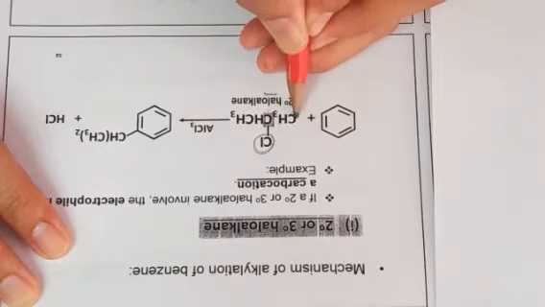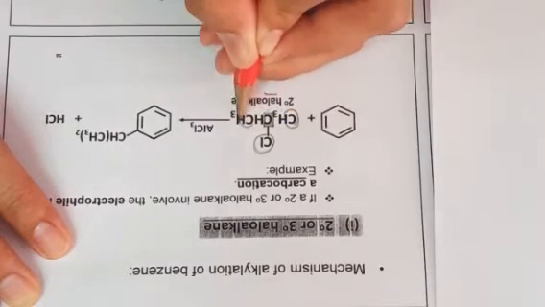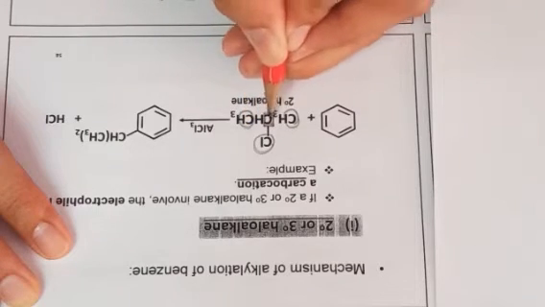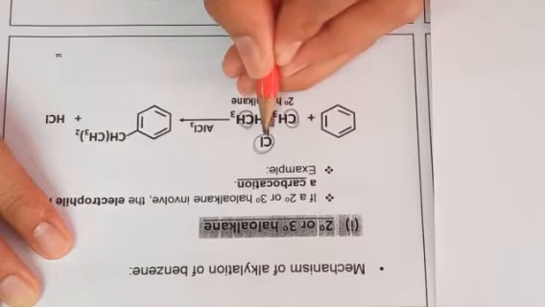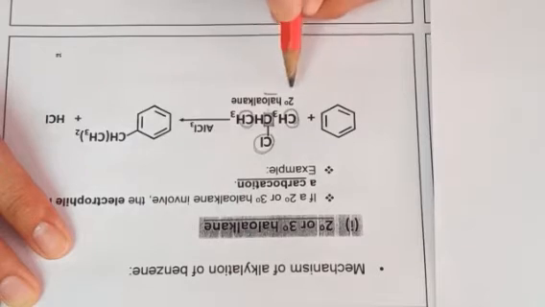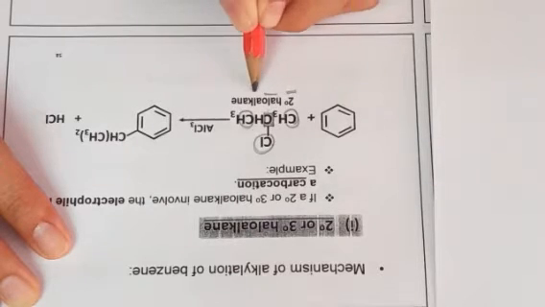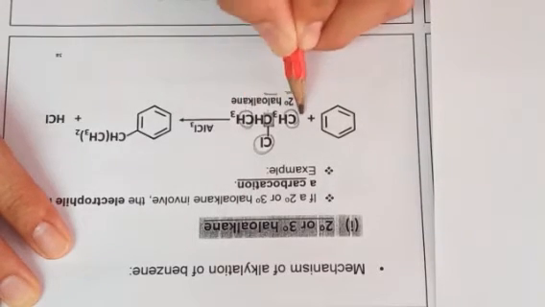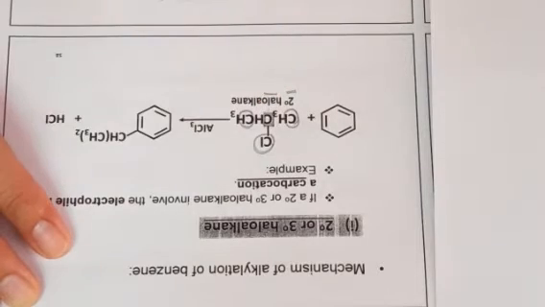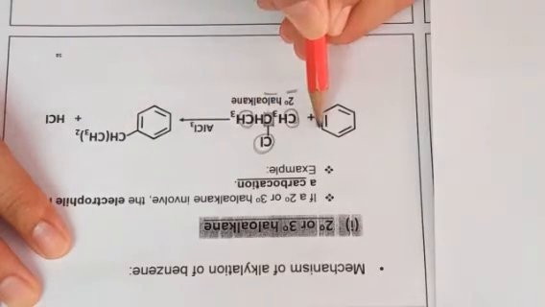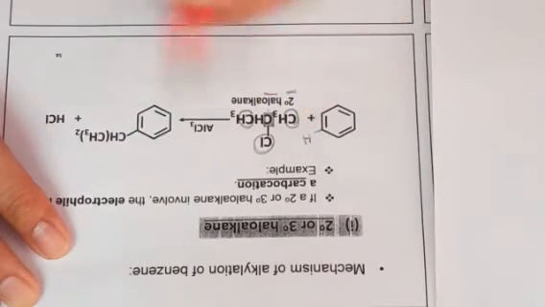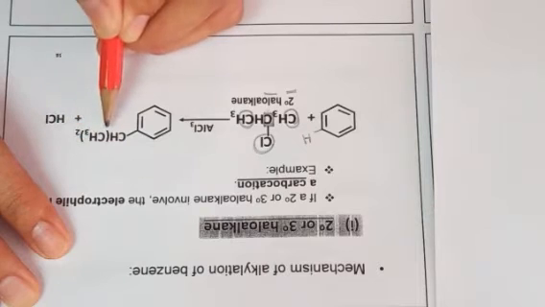So we have 1, 2 other carbons attached to the carbon bonded to the chlorine. That's why it is a secondary haloalkane, because we have 2 other carbons bonded to this carbon. Basically, what happens is this secondary haloalkane will substitute with one of the hydrogens here to form this alkyl benzene.